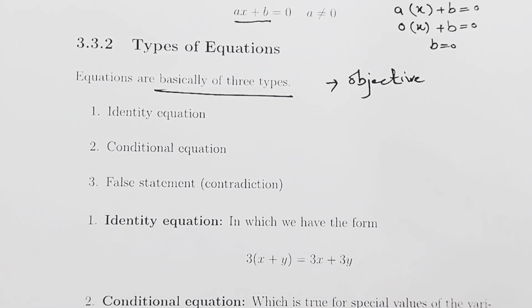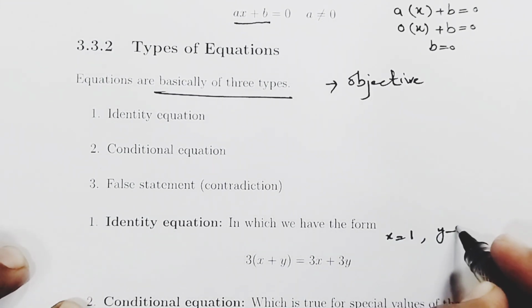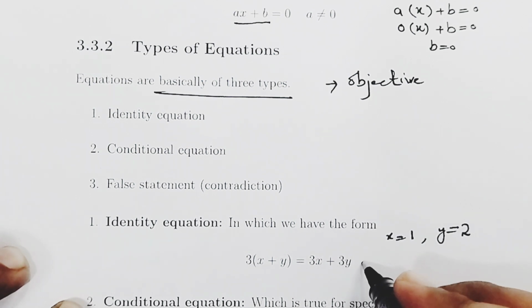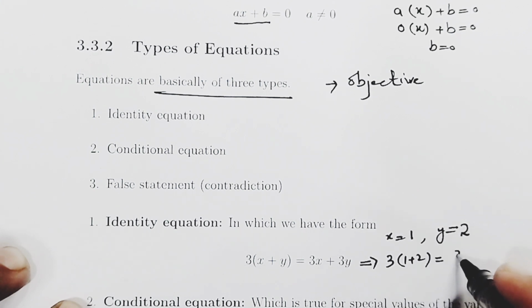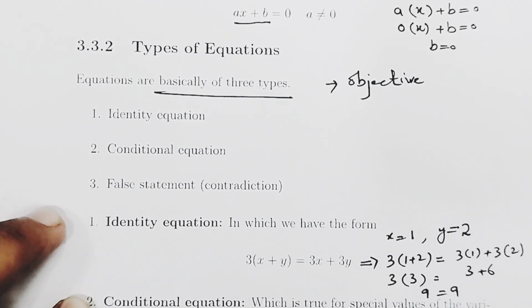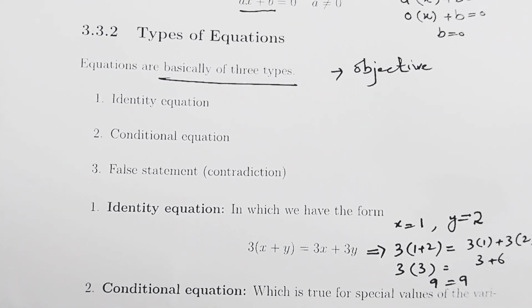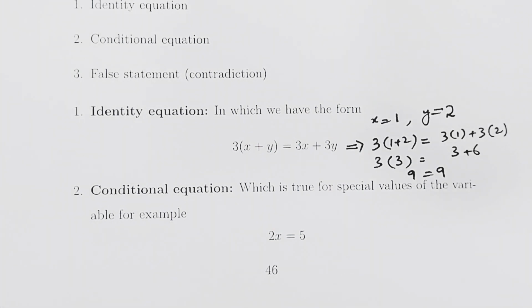Just to try, if x is equal to 1 and y is equal to 2, then 3 into 1 plus 2 is equal to 3 into 1 plus 3 into 2. 3 into 3 is equal to 3 plus 6. 3 into 3 is 9, and 9 is equal to 9. So this shows that nothing changes if we have an identity equation.